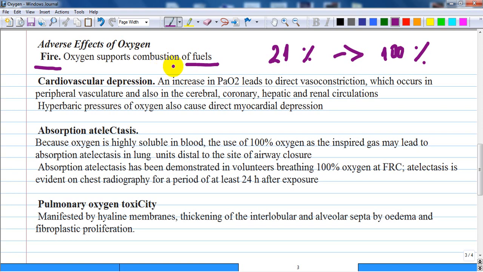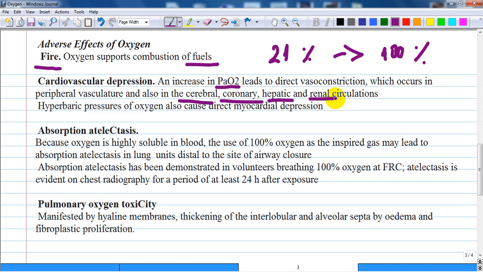Oxygen has some effects on organ systems, but not so pronounced. For example, on the cardiovascular system, an increase in arterial oxygen pressure leads to direct vasoconstriction, which occurs in the peripheral vascular and also in cerebral, coronary, hepatic, and renal circulations.